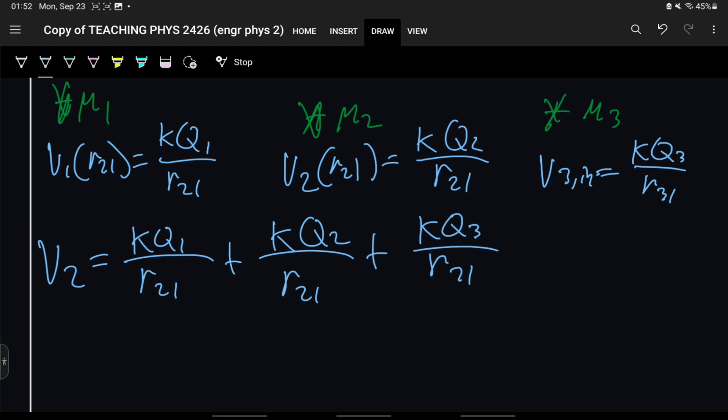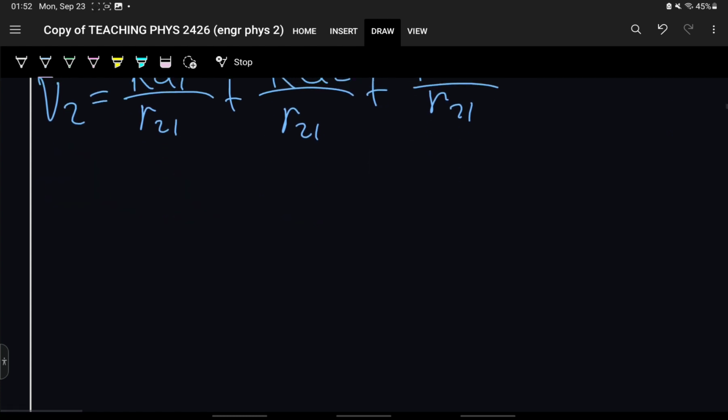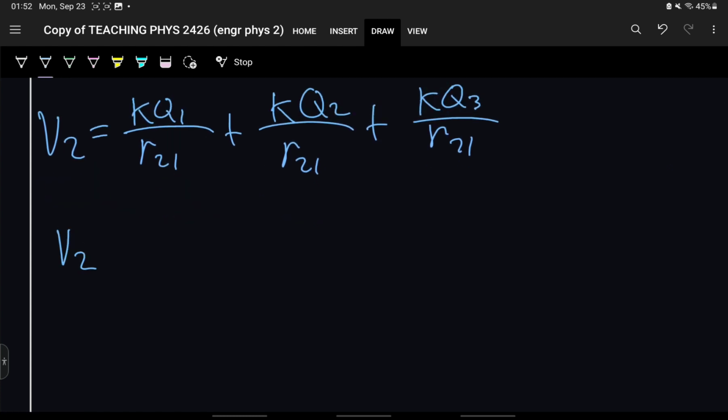Since we need the correct expression with the difference in potential inside M2 between R2,2 and R3,1, we need to rewrite this a little bit to be V2. I don't know if the system will take this answer. I didn't check, but this is just what the system took for me.